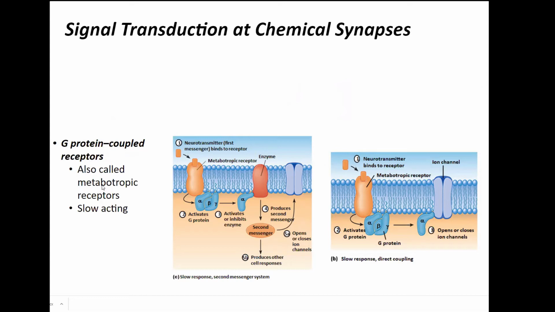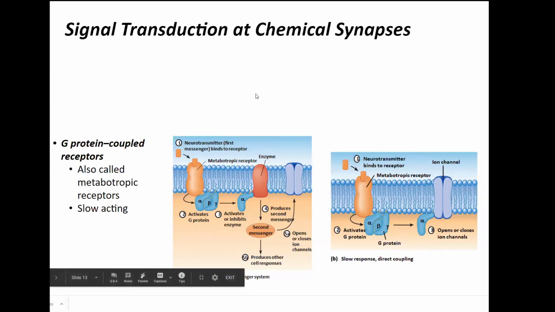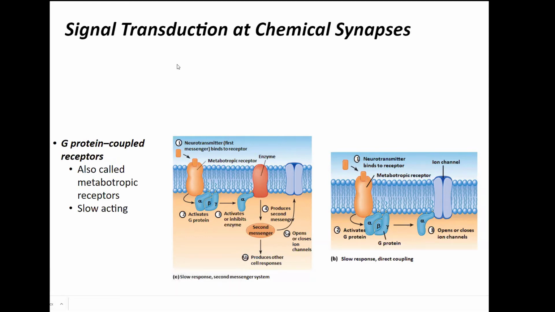In this unit, we have a lot of words that are opposites, which is why I'm highlighting that. Okay. So this is our slower function of neurotransmitters. If you've looked at G protein coupled receptors before, hopefully you remember a little bit about how they work, but we're going to describe it in brief now.